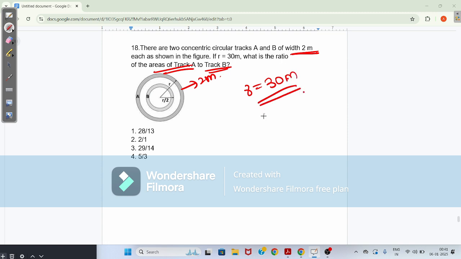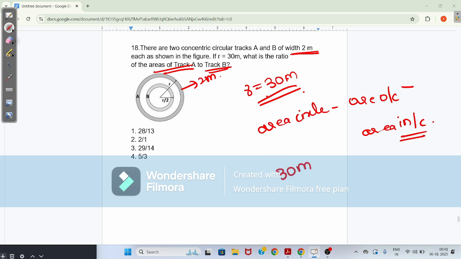The area of the track is the area of the outer circle minus the area of the inner circle. The outer radius is 30 meters, and with width 2 meters, the inner is 28 meters. So pi into 30 squared minus pi into 28 squared.